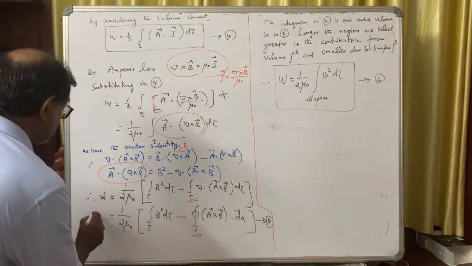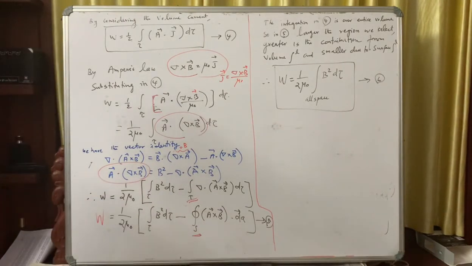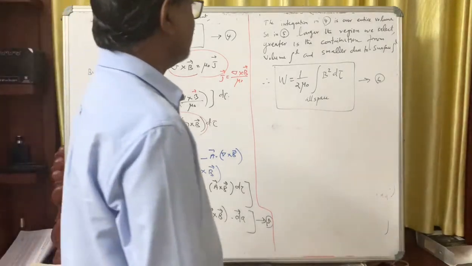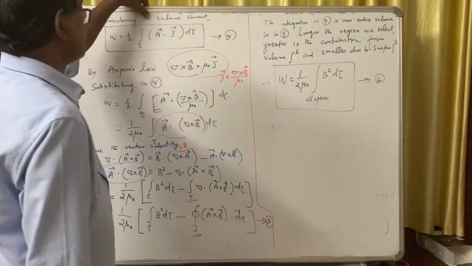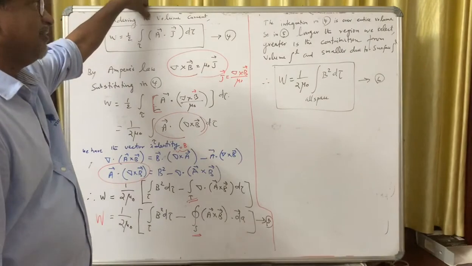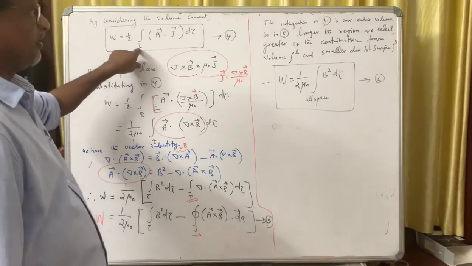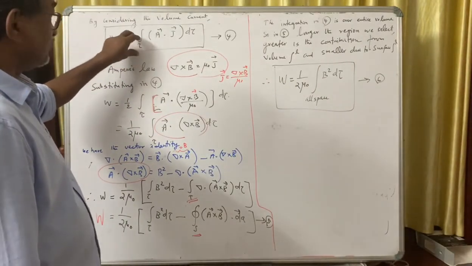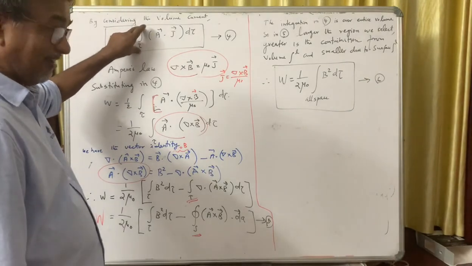Now W becomes in this form, equation 5. The integration in equation 4, you just see this integration, is an entire volume integral.